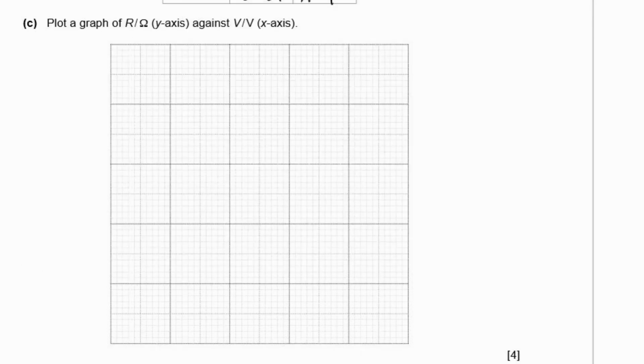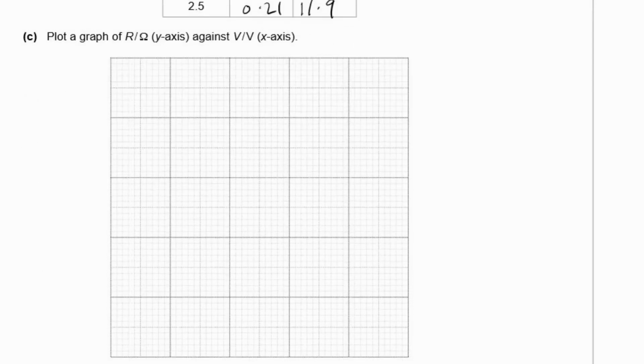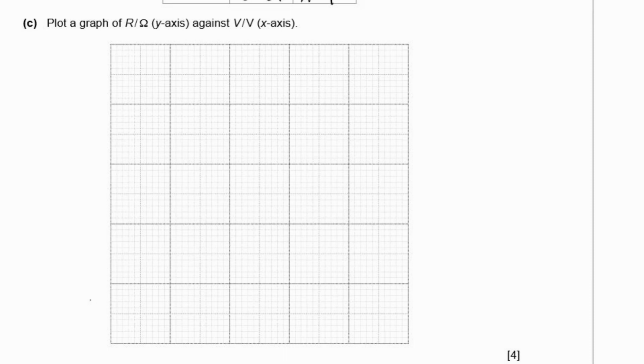Right, plot a graph of the resistance against the voltage. Now, if you look at the resistance, it goes from 4.2 to 11.9. So it goes really from 4 to 12. I've got here 1, 2, 3, 4, 5 squares I can use. And I've got to get from 0 to 12. In an ideal world I'd have 6 squares for that.